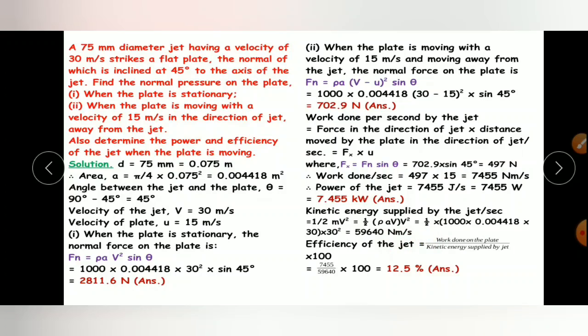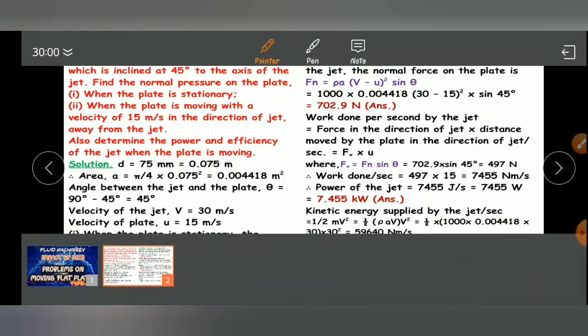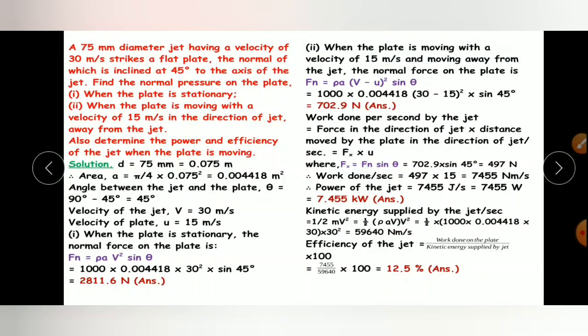Therefore efficiency of the jet equal to work done per second divided by kinetic energy supplied by the jet per second into 100, equal to 7455 divided by 59,640 into 100, equal to 12.5%.